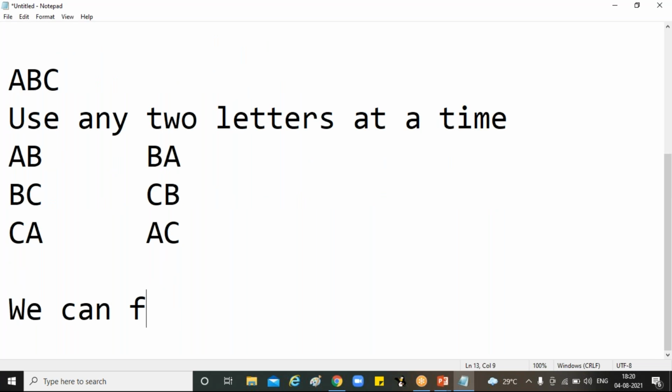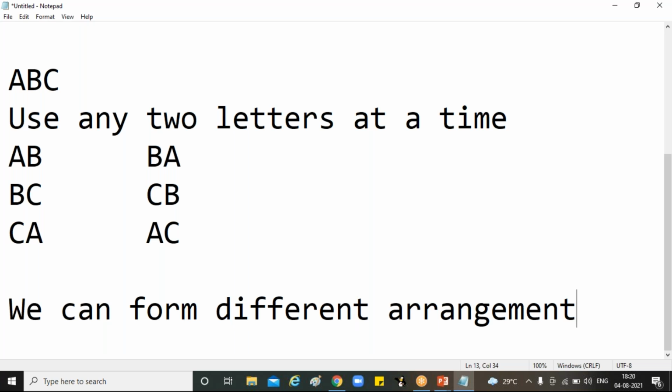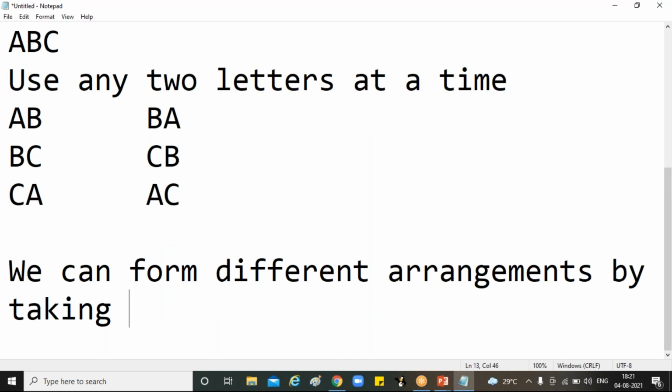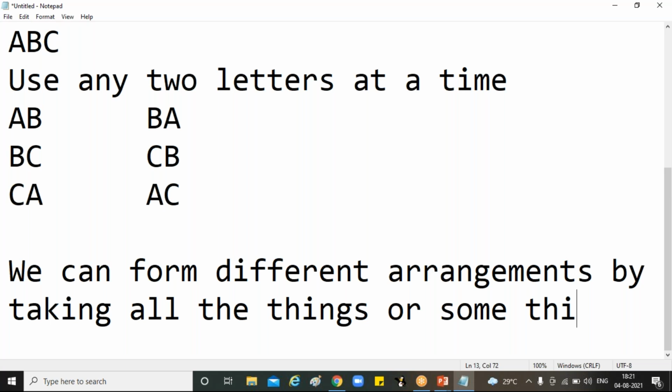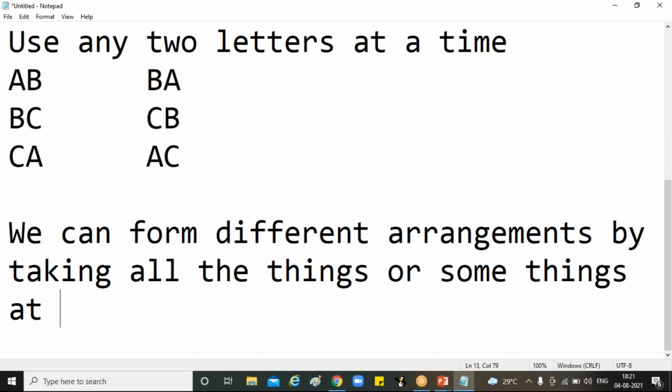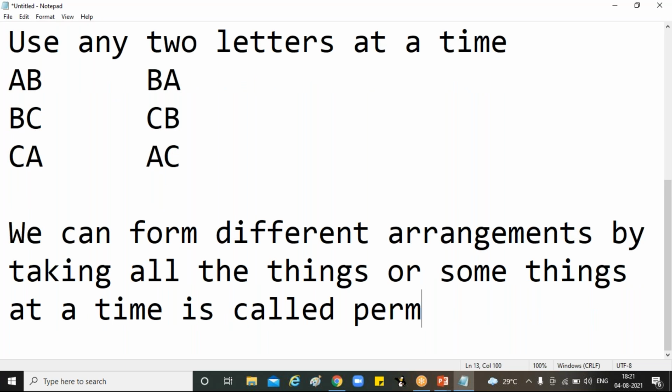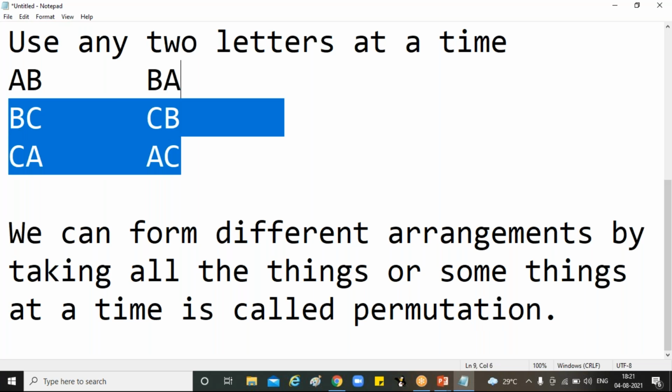We can form different arrangements by taking all the things or some things at a time, which is called permutation.